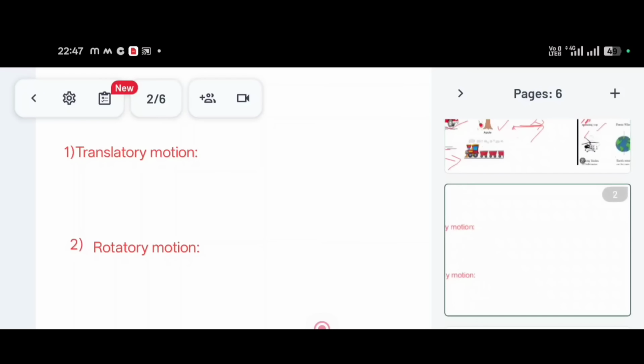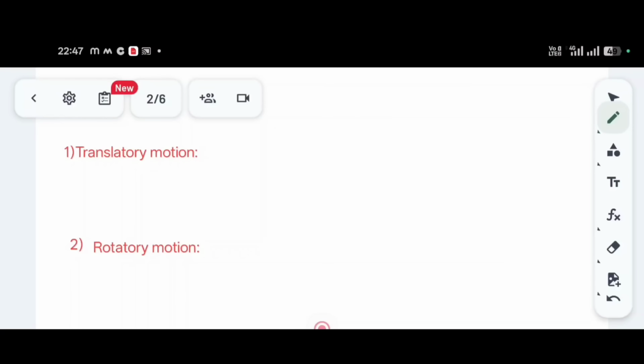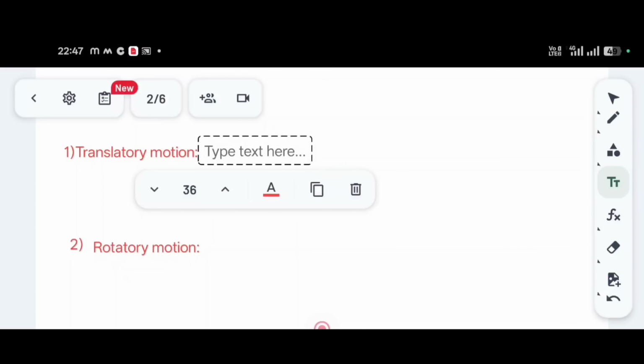Let me give the definition of translatory motion. You can take your notebook and write it down. Translatory motion is a motion in which all the particles have a particular direction of motion.